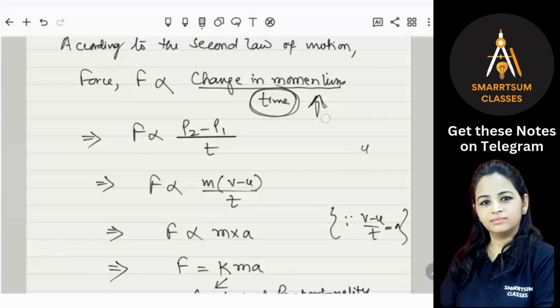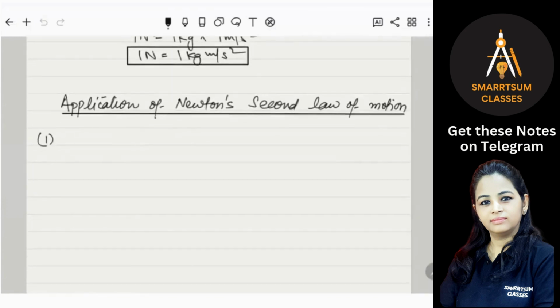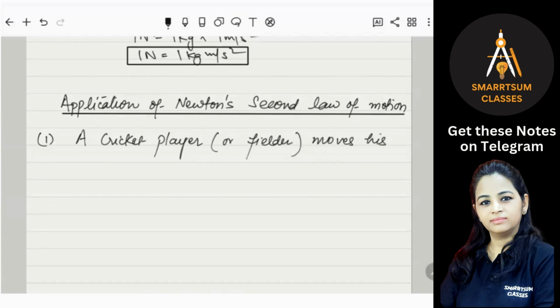Are you getting that? Okay, so this is based on the application of second law of motion. So write down, a cricket player or fielder moves his hands backward while catching a fast cricket ball.